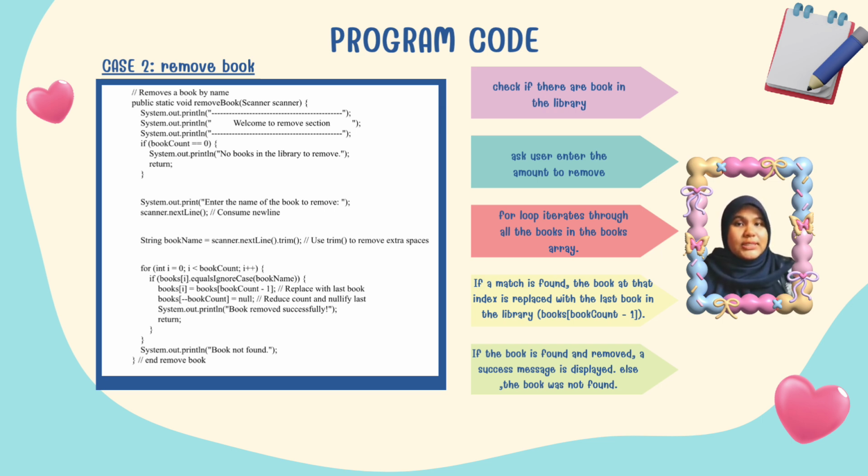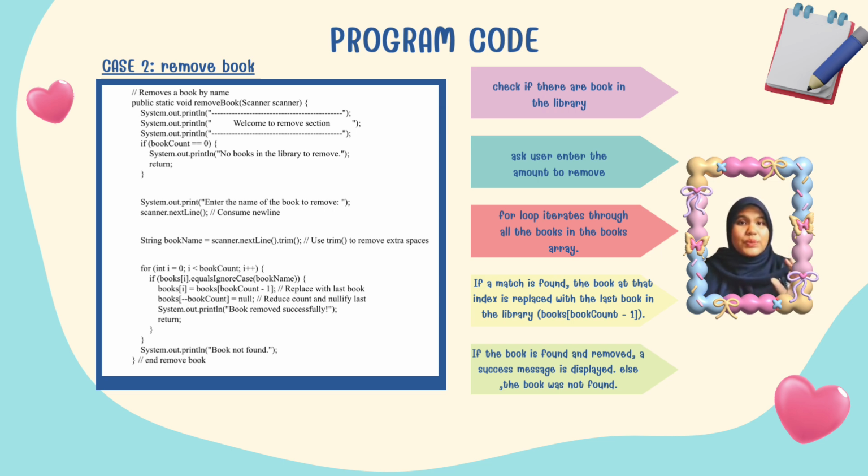The for loop in this system is to check all the books in the book array to see if it has the same book that the user entered or not. And then if you see equalsIgnoreCase in this system, its function is to ignore the specific case, which means uppercase or lowercase.